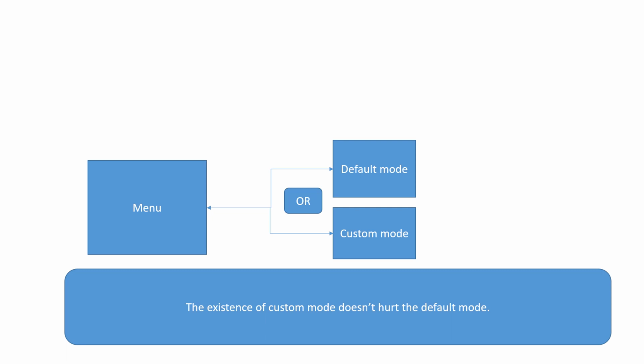Now if custom mode does not exist, then the player will simply give up because the game is just too hard, and that is a possibility. For example, if a person has a physical or mental disability, that is a possibility. Disability ranges from mild to severe, and that's the thing that I want to talk about.